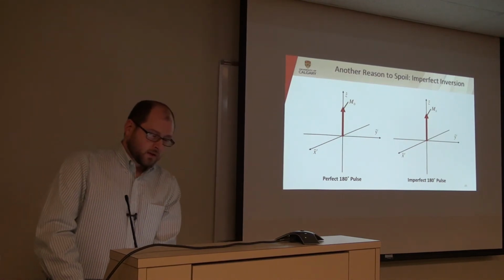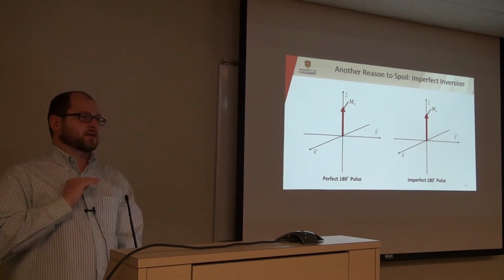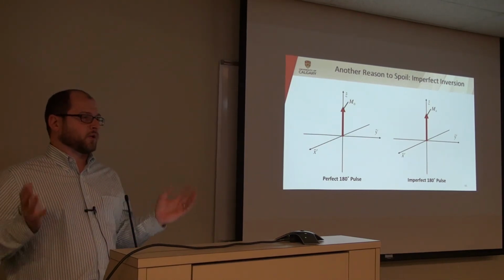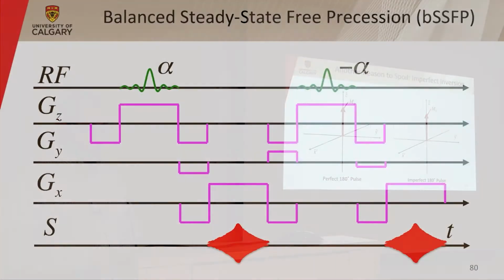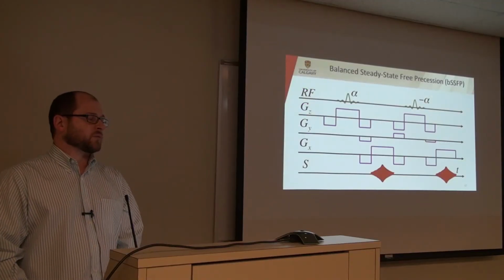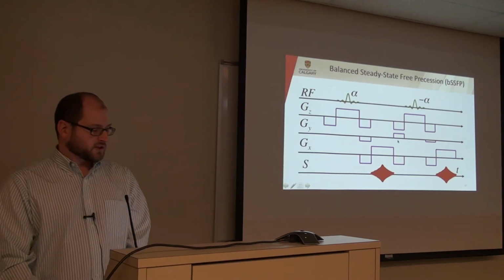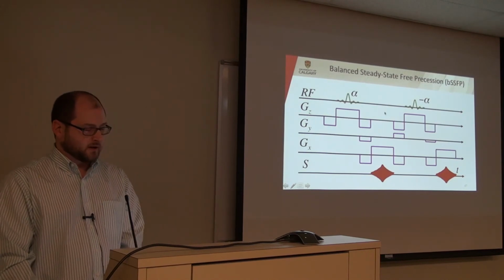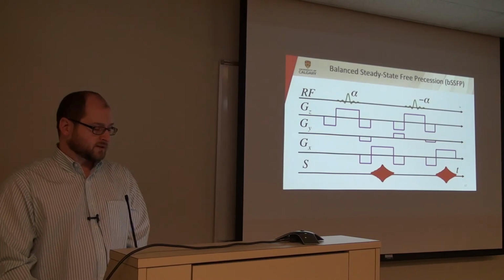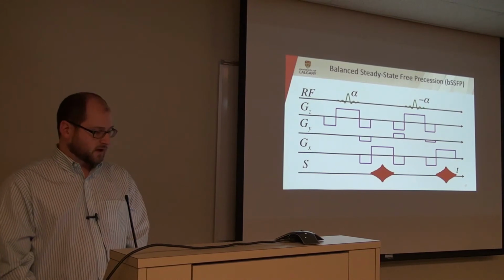Okay. Now, one of the things that spoiling does is you're basically throwing away magnetization. You're basically destroying it. You're spoiling it or crushing it. So there's another type of fast imaging that is called balanced steady-state free precession. And it actually works on a different principle. So instead of crushing or just wiping out the magnetization between the end of your data acquisition and your next alpha pulse, what you do in balanced steady-state free precession is you actually refocus that magnetization back to the center of K-space.